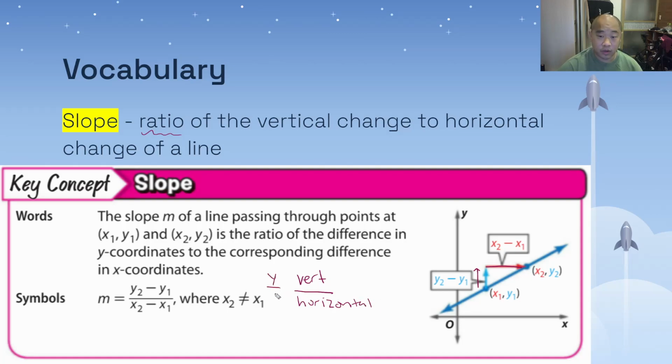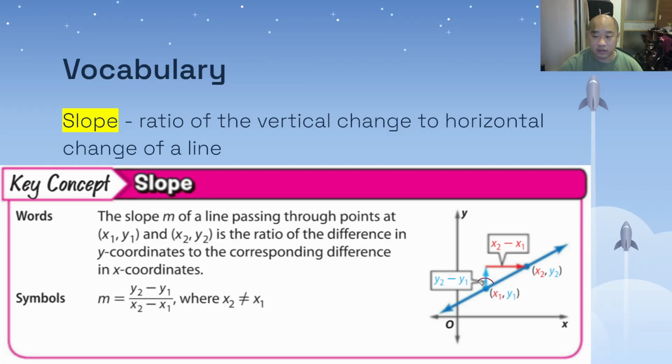Again, this is y over x. So to find that, you can just take the y values and subtract the x values, which is what they're showing you here. All you need to do is just define for yourself which is going to be the first point and which is going to be the second point. It doesn't matter which is which.